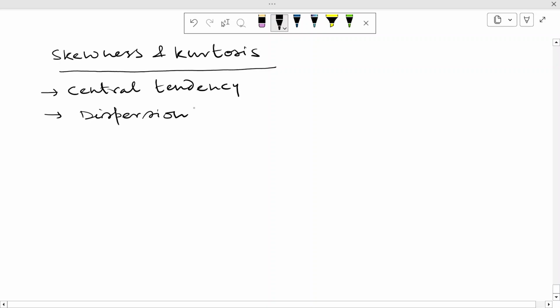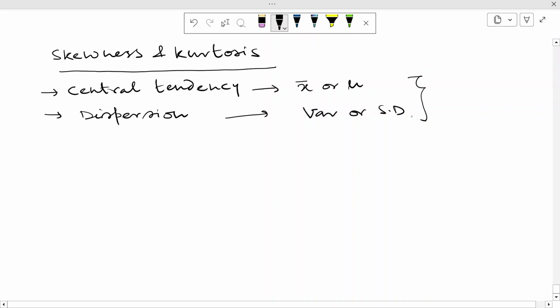In these two categories, the most common measures are the mean, which you can represent by x bar or mu, and here the most common tool to measure dispersion is variance, or you can say standard deviation.